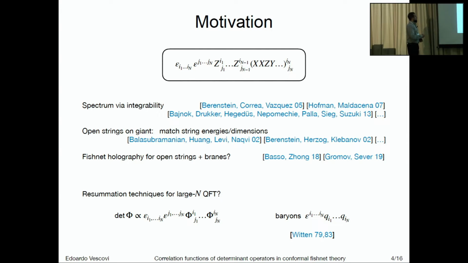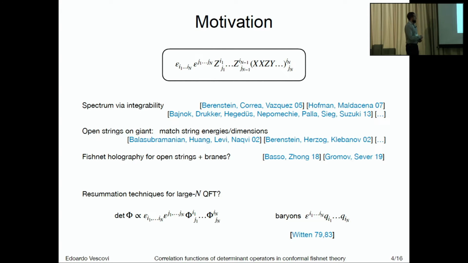Here, the hope is that by studying these operators and getting full control on them from the Fishnet point of view, where this task may be possible, maybe we can also say something about the holographic duals and expand our dictionary beyond the current models that we have.